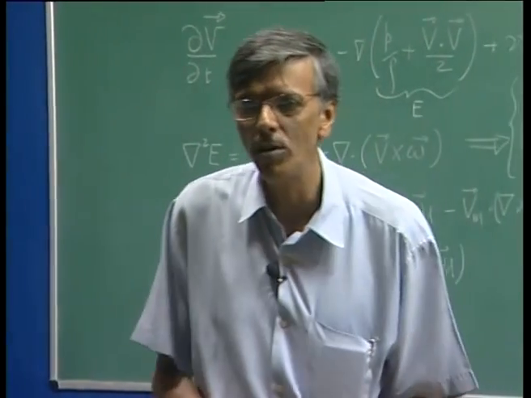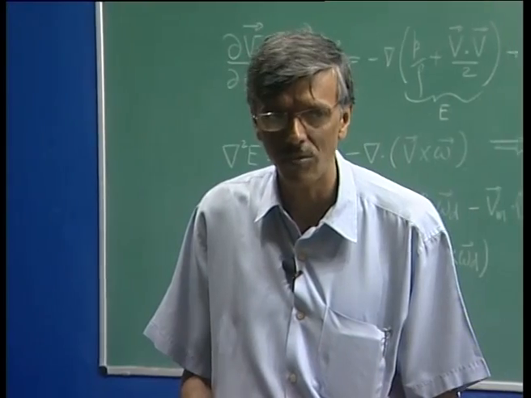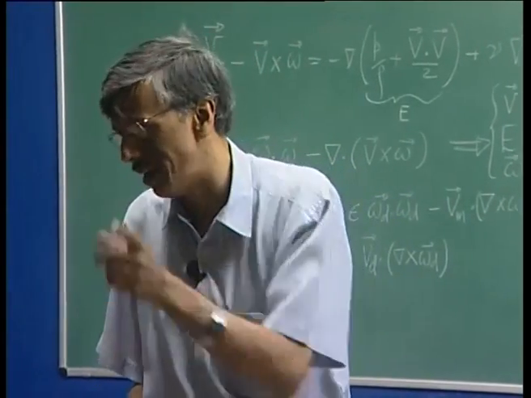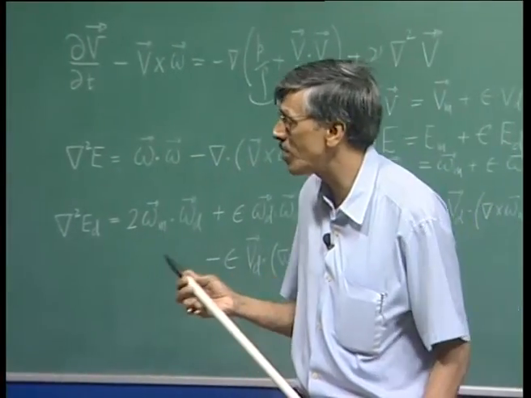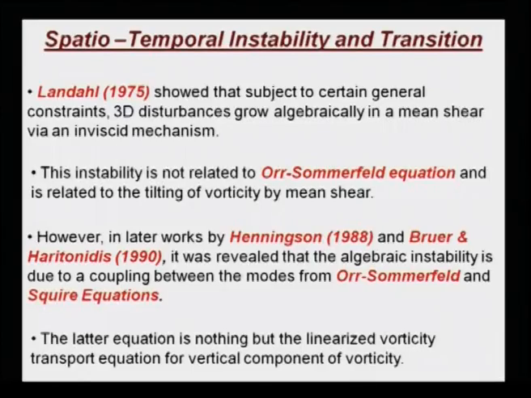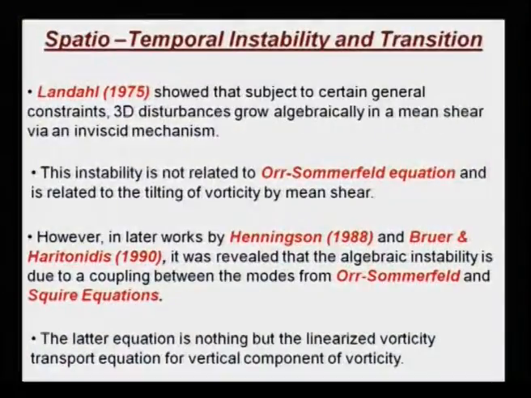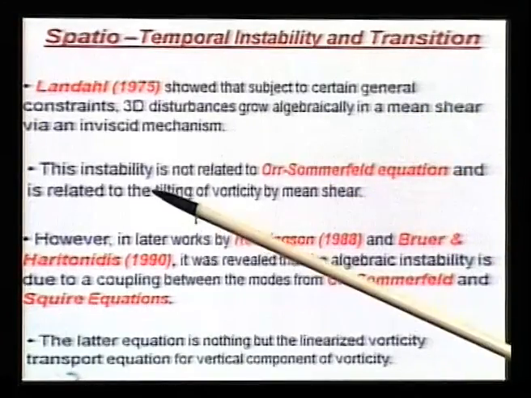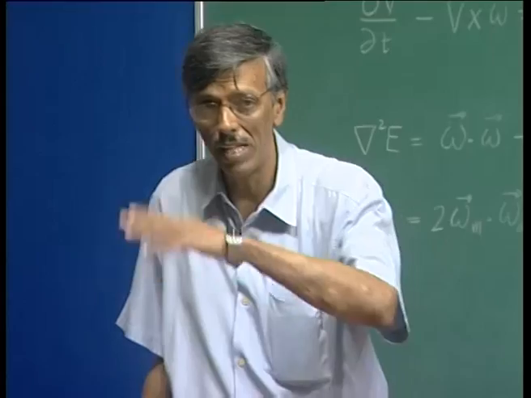Now, if we look at the growth via the Orr-Sommerfeld equation, the growth there was exponential, right? e to the power alpha x minus alpha x, or e to the power omega i t. So, those are exponential growth. But Landahl showed that if you subject the equilibrium flow to some constraint, then you could get a three-dimensional growth algebraically.